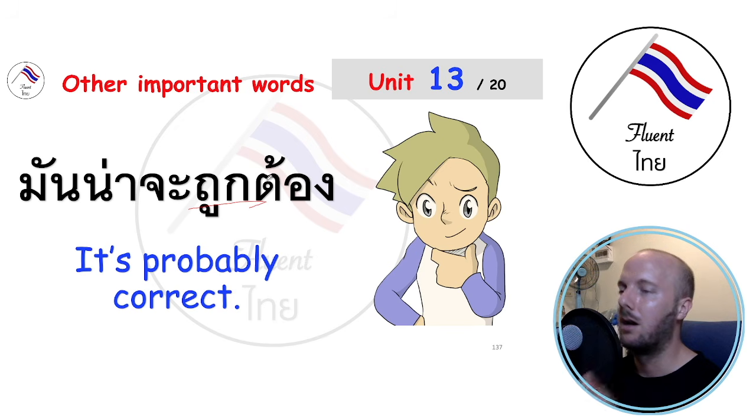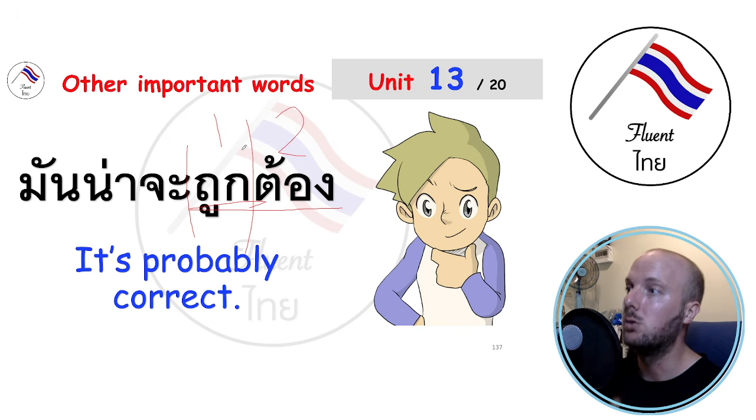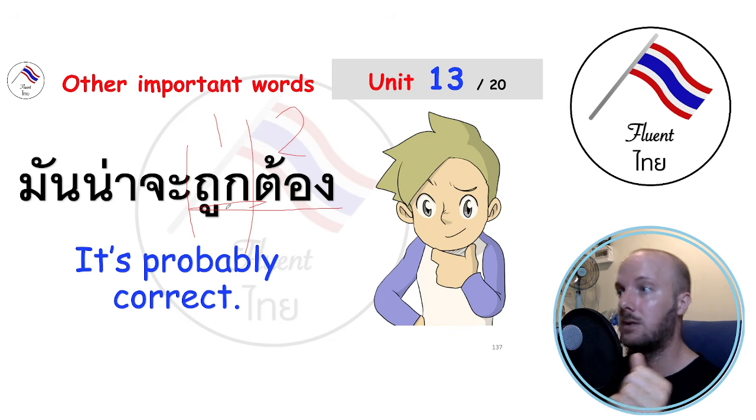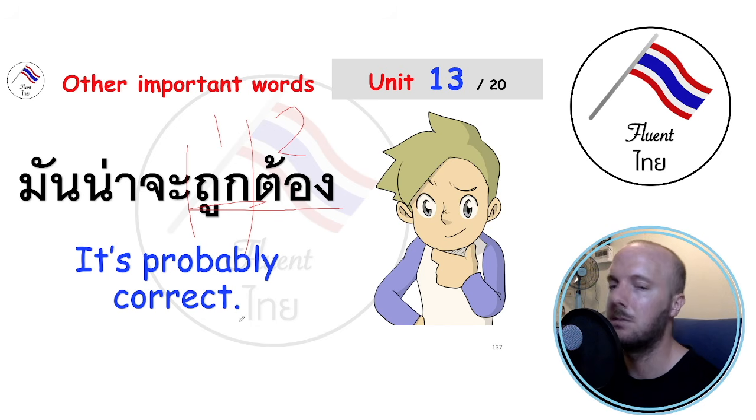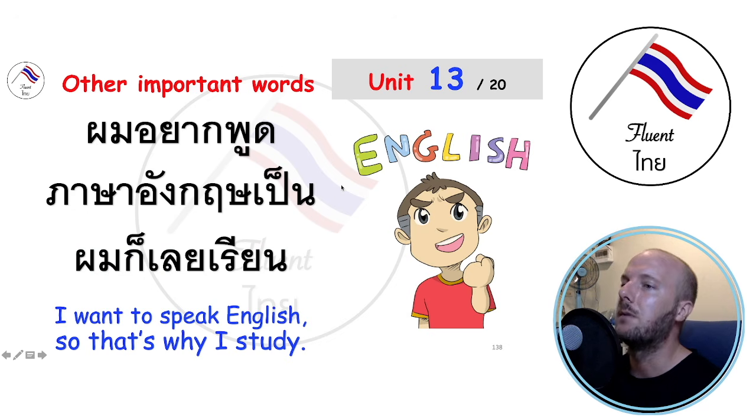When you're saying the word correct, you can say either just ถูก, one word, or you can say ถูกต้อง, which would be two words. So the full word ถูกต้อง means correct, but you can just say ถูก, มันน่าจะถูก, which in the context would mean correct. If it was a different context, if you're talking about money or price, it means cheap. So just be aware there are two contexts, but if you want to be sure that you're saying the word correct, then say both of them.